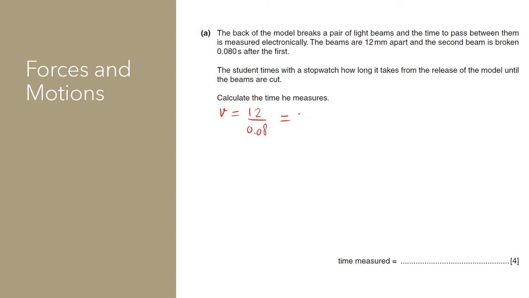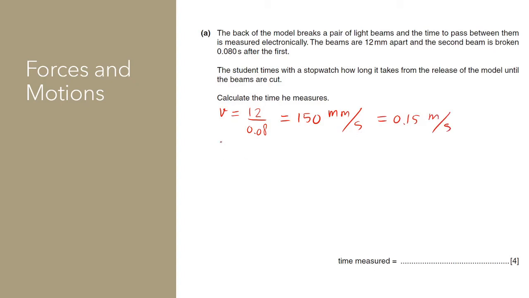This gives us 150 millimeter per second. We have to convert this into SI unit, which is 0.15 meter per second.